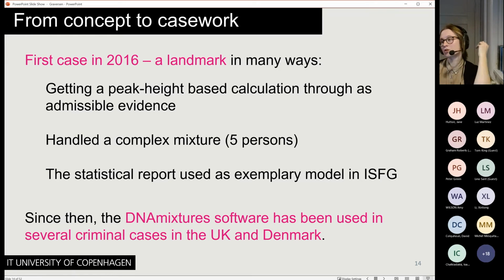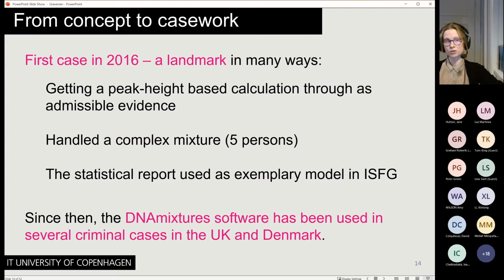For instance, by this time, peak height information wasn't really used in casework generally. So even just the feat of getting a peak height based calculation through as admissible evidence was actually really amazing.